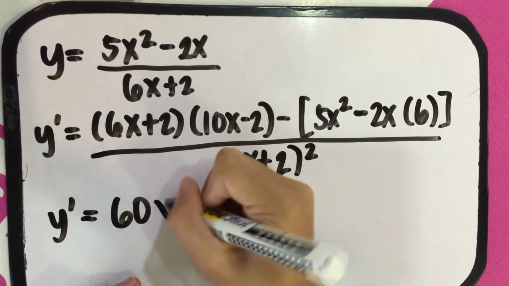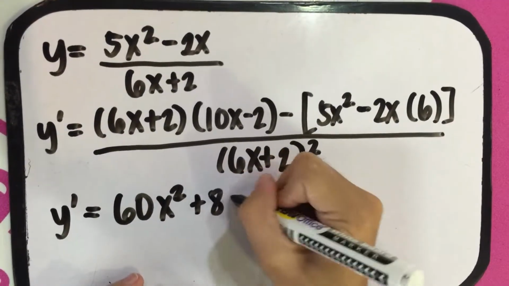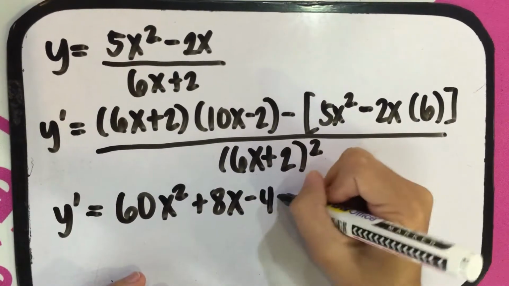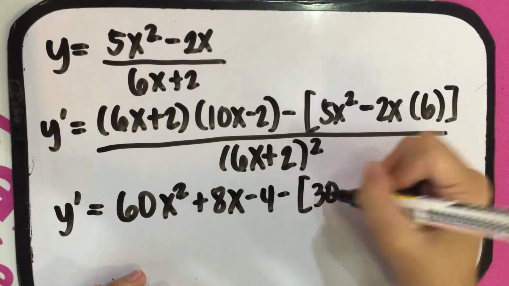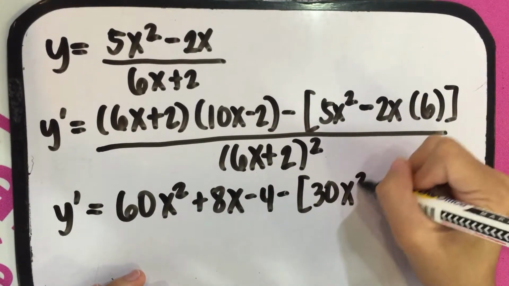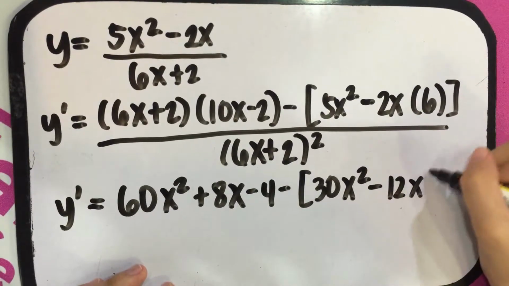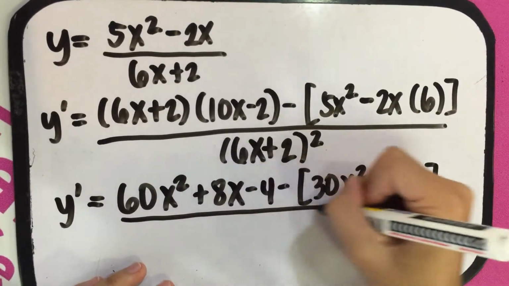After that, we multiply 6x plus 2 and 10x minus 2. So, it will be 60x squared plus 8x minus 4. We also multiplied 5x squared minus 2x times 6. So it becomes 30x squared minus 12x.